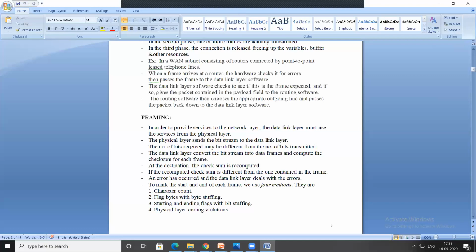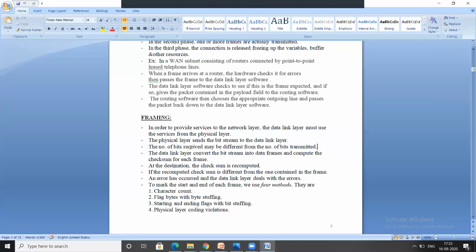I will tell you in the next class what a checksum is and how we calculate it in order to detect an error. At the receiver side, the data link layer converts the bits it got from the physical layer into frames, and computes the checksum for each and every frame.